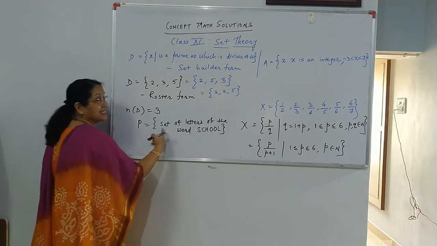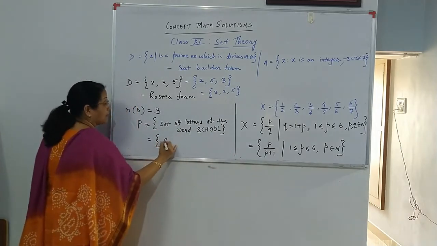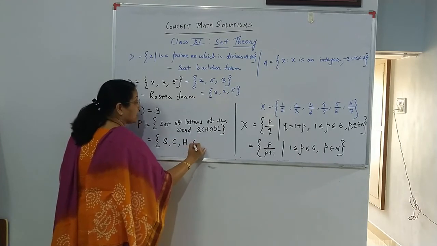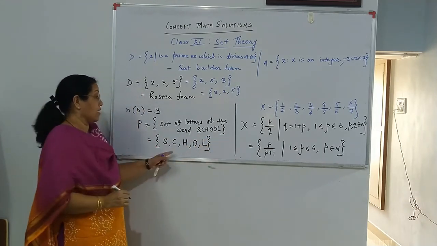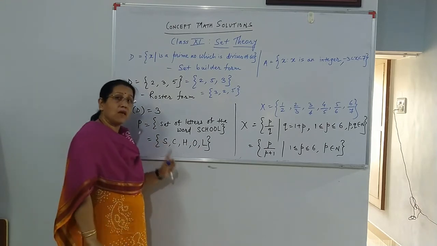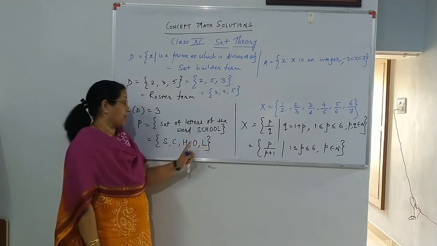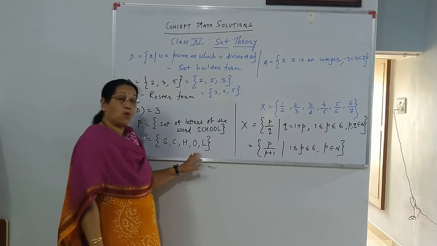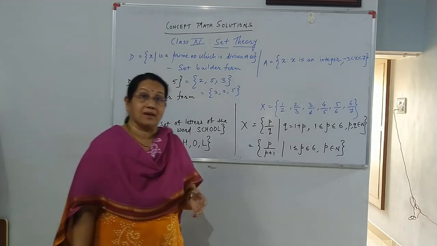Now I want the set of letters of the word school. This is set builder form. I will write it in roster form now. It contains S, C, H, O, and L. I will not write O two times because one element is to be written only once in a set. School contains O two times, but when you list the elements, it will be S, C, H, O, L. And that is how a set is to be written.